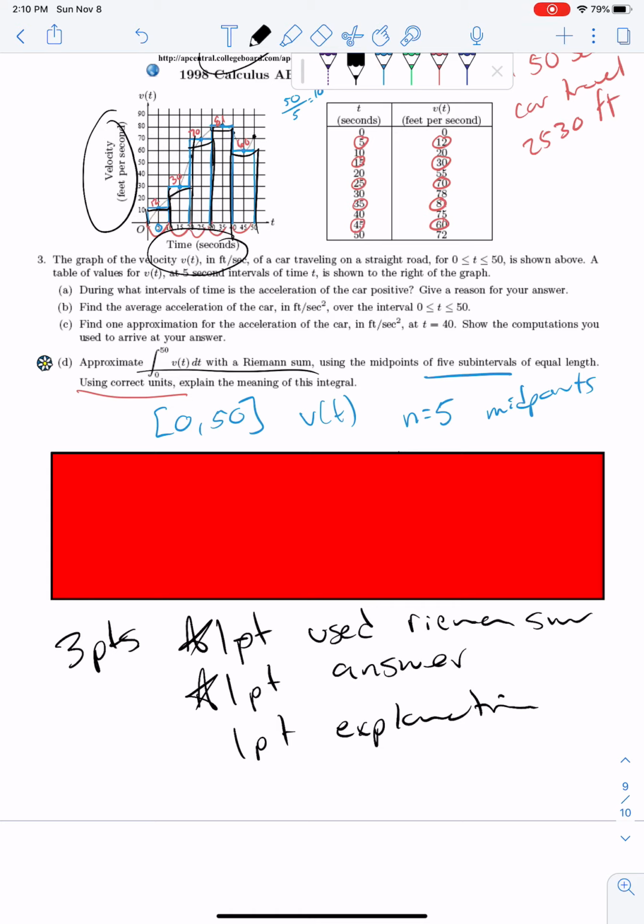We're finding the area of these rectangles, but the values that we are finding don't represent area in real life. We're using the area of the graph to find some value in real life. So don't get stuck assuming that your units are going to be squared. Be careful when you're using your units.